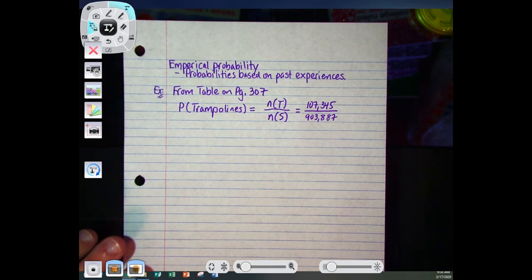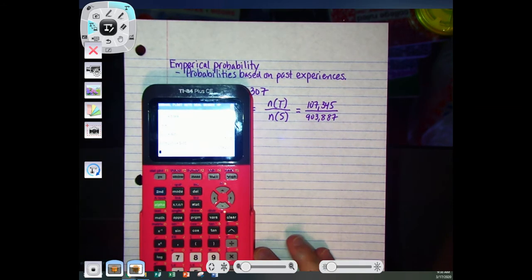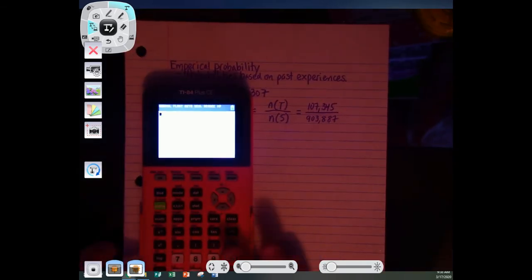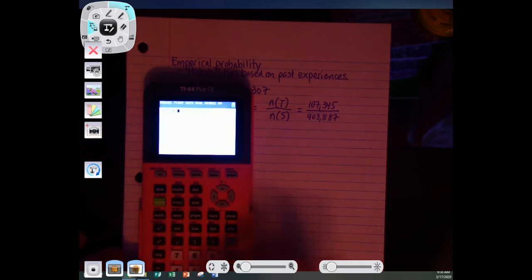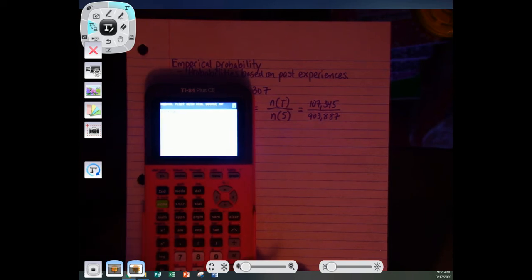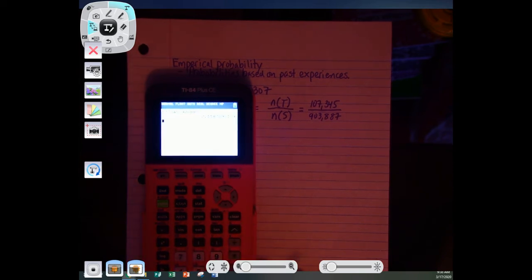So here, if I get out my handy dandy graphing calculator, and I do 107,345 divided by 903,887, we get an answer of 0.1187593139.